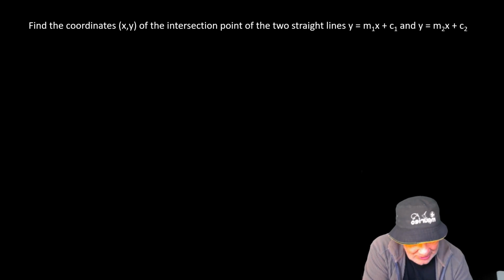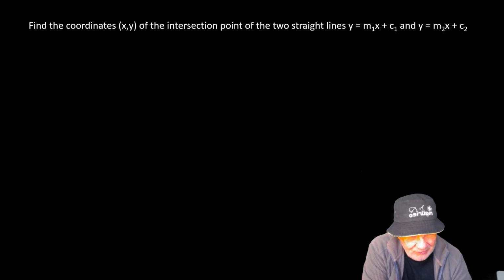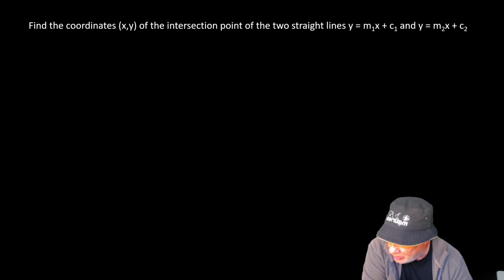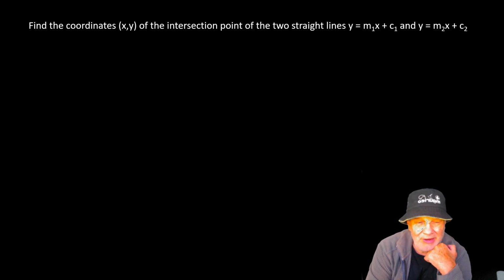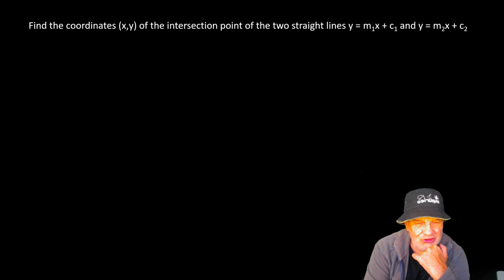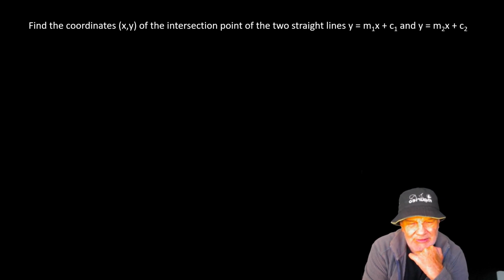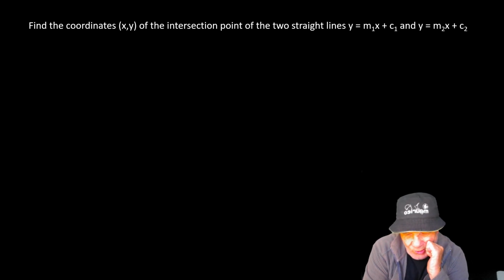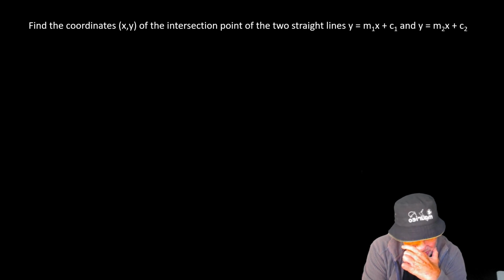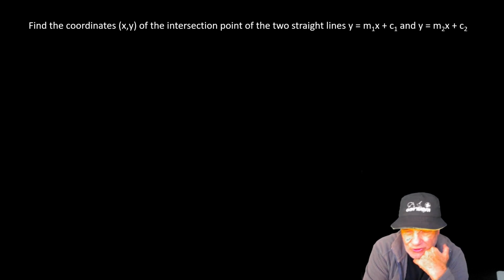The c1 could equal c2, but if m1 and m2 are equal, the lines would in fact be parallel, and so they wouldn't intersect. So there are going to be some situations where the lines don't intersect, and we would maybe get no solution.